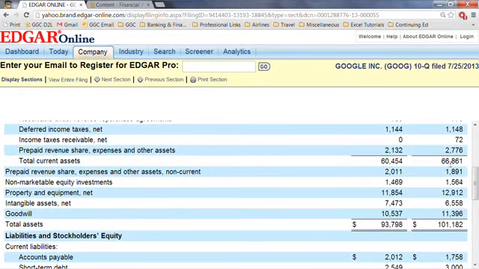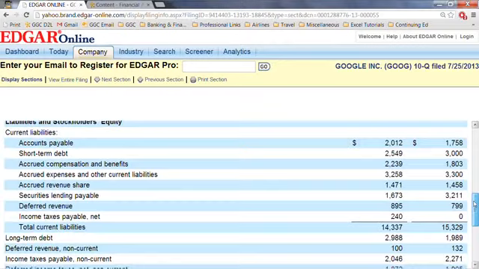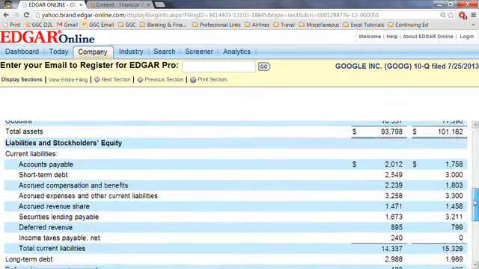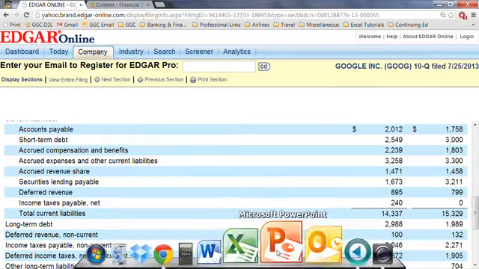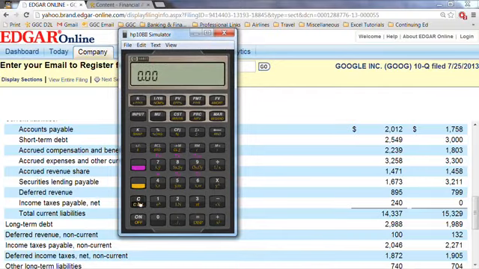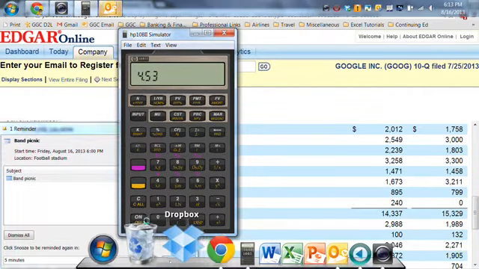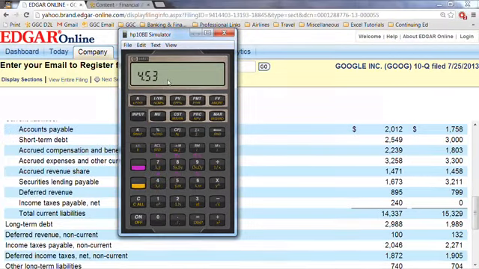Current assets are $66.8 billion, so we'll round it up to $67 billion. And they've got just over $15 billion in current liabilities. So 68 divided by 15, their current ratio is about 4.5 to 1. That means that for every dollar of current liabilities, they have about $4.50 of current assets.